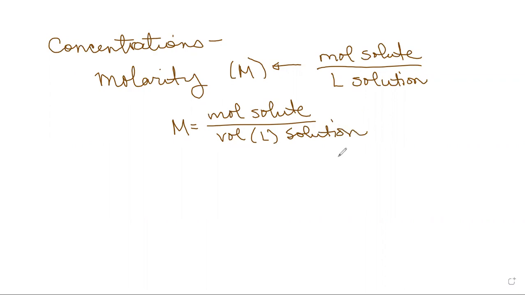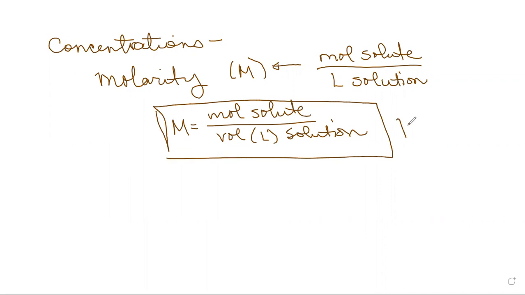So now we can play around with this equation and memorize this. This is super, super important. And that is, not only can we get concentration in molarity, but if we multiply the concentration times volume, you can get the moles of solute.